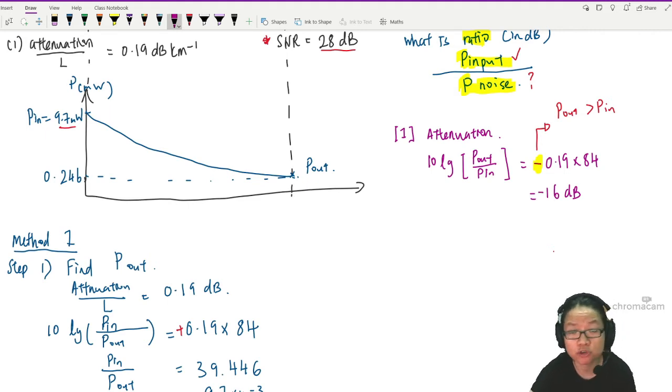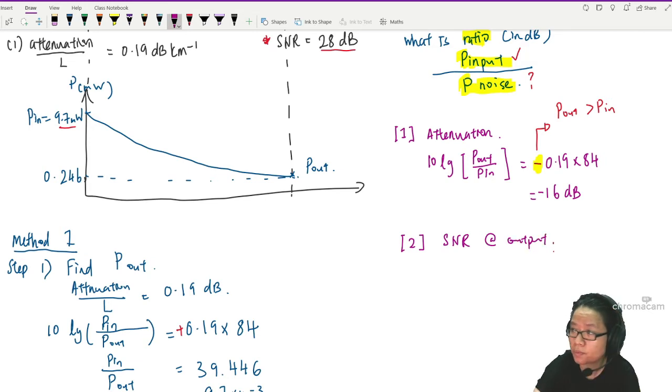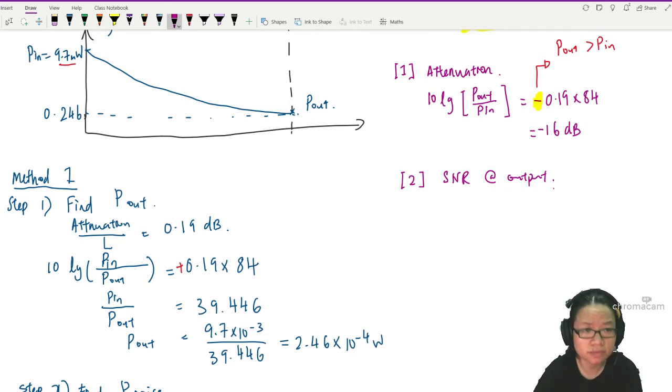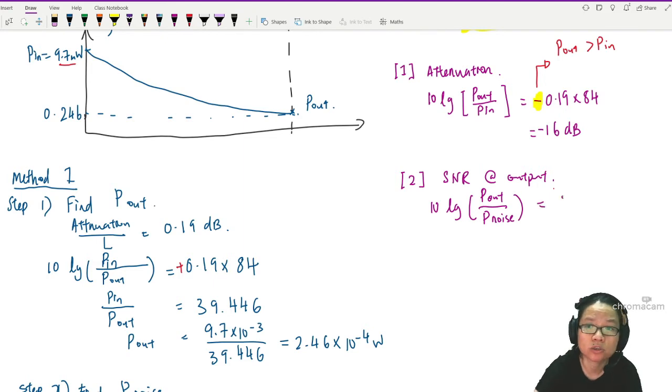Alright, so the other ratios that we have include the SNR ratio. SNR at the output. Okay, so if you think about the signal to noise ratio at the output, it is actually 10 log P out over P noise. Noise here is constant, okay, is equal to 28.